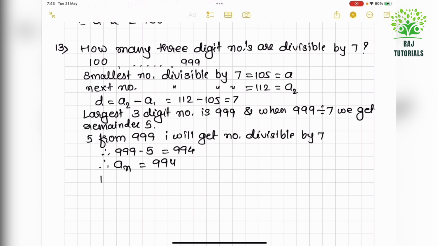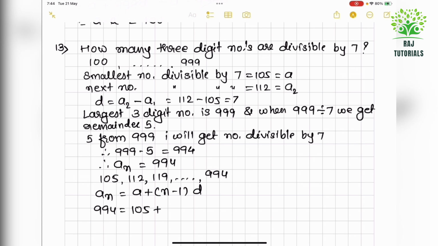Now see how the AP formed. First number was 105, second was 112. Then if I add 7 to that, 119, and so on. And the last number is 994. Now I have to find how many numbers are there, so N I have to find. AN equal to A plus N minus 1 D. So AN is 994, A is 105, D is 7, and N minus 1 I don't know.